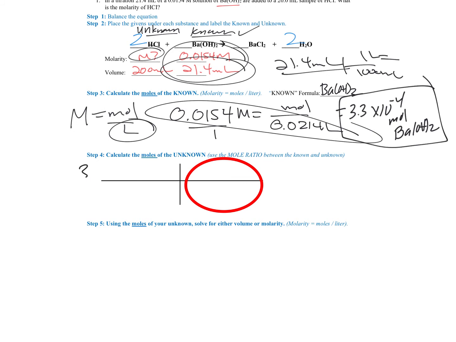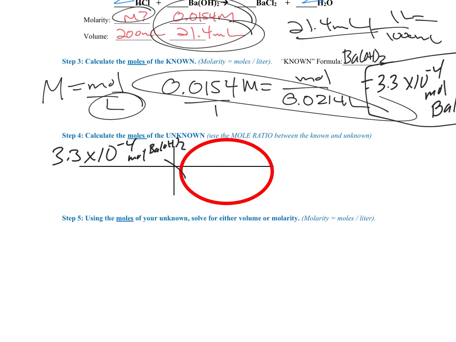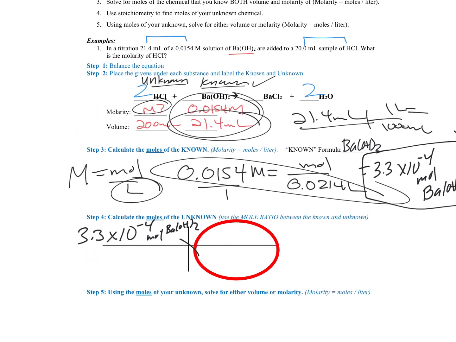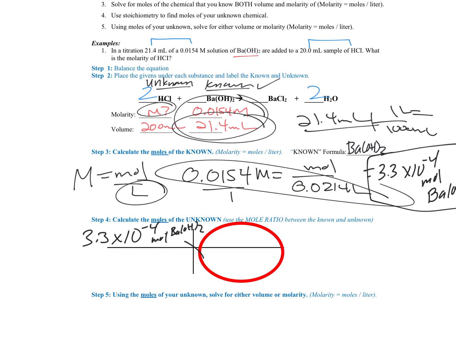But as I mentioned earlier, because we are dealing with not 1-to-1 acids and bases, we are having to account for the hydrogen and hydroxide ratio. So step 4, we want to calculate the moles of the unknown. And because we're at the equivalence point, we can start with our moles of known, and then we just have to use stoichiometry for our mole ratio.